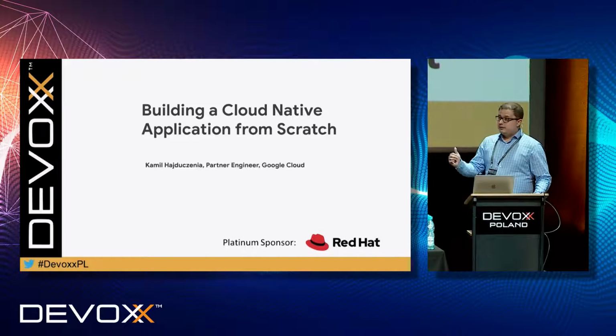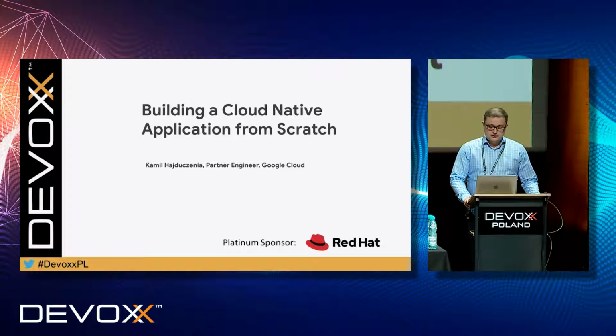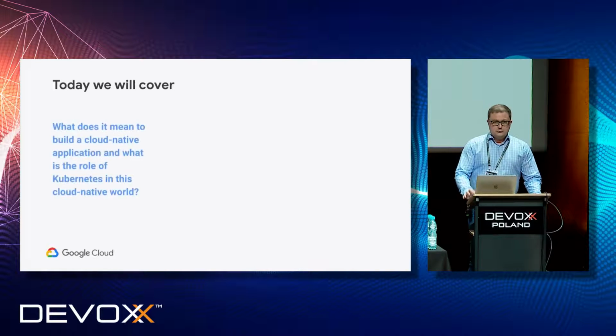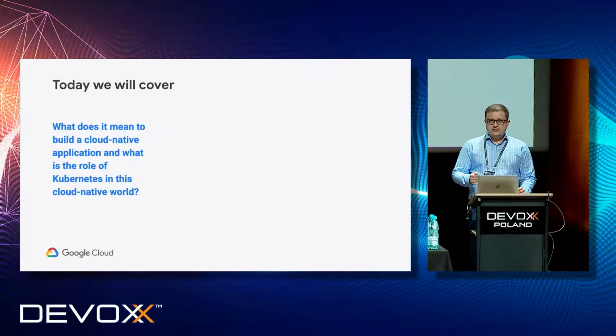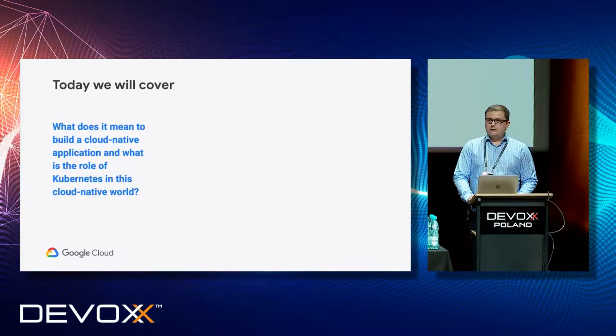So, I'm Kamil Hajduczenia, I'm a partner engineer at Google, and today I'd like to talk a bit about building cloud-native applications, and specifically starting from scratch. This is the most fascinating moment, probably. So what we are going to cover today is basically, we'll try to understand what cloud-native applications are and what is the role of Kubernetes in delivering those cloud-native applications.